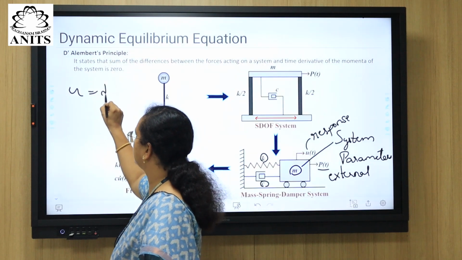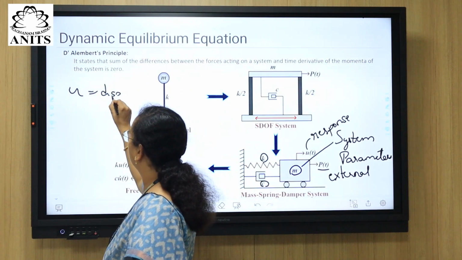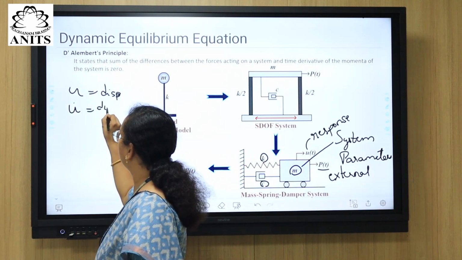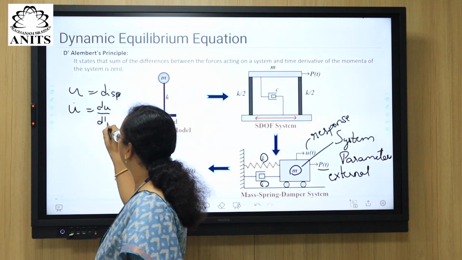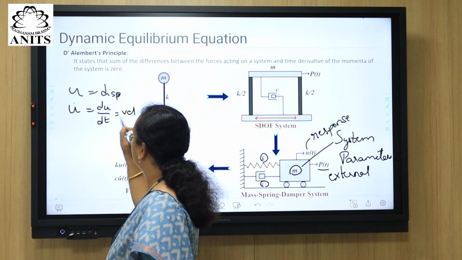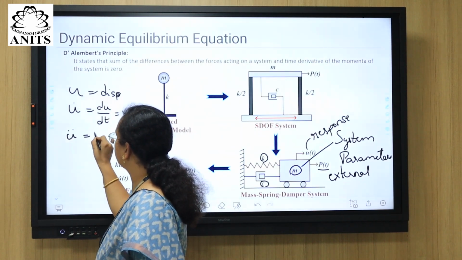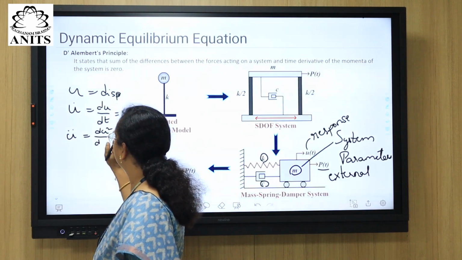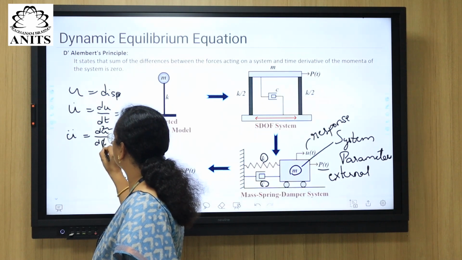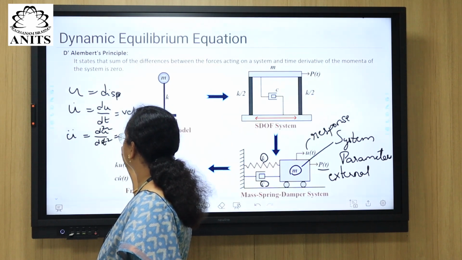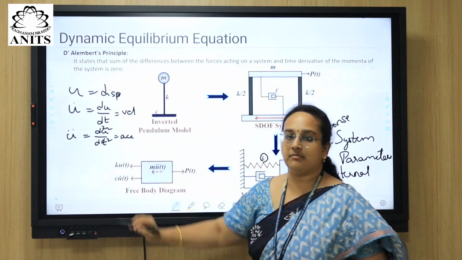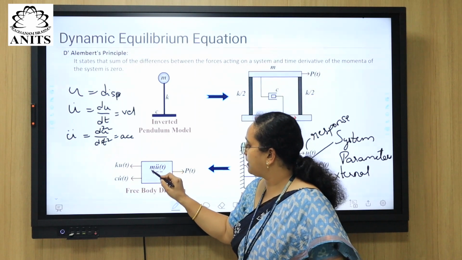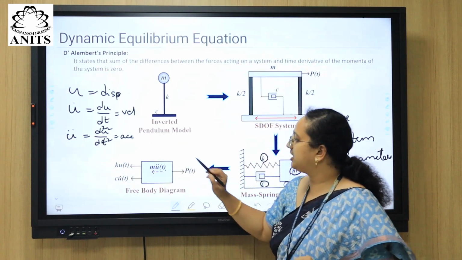U is displacement, U dot, which is du by dt, is velocity, U double dot, which is d square u by dt square, is acceleration. So we can represent it like U double dot.